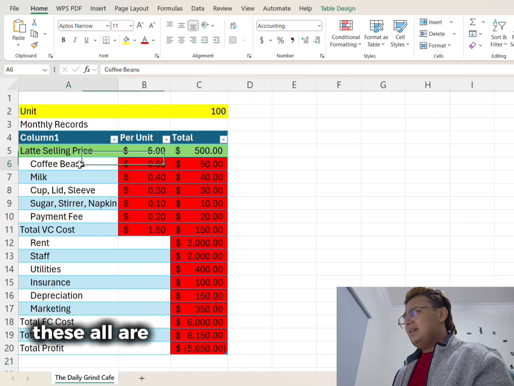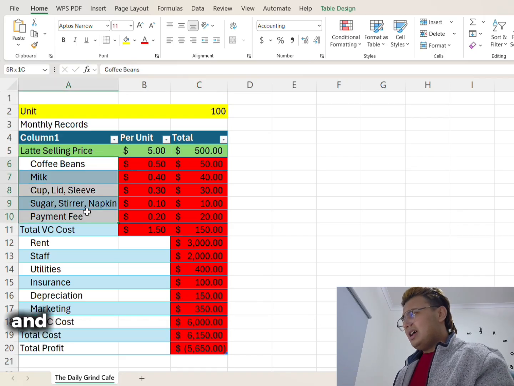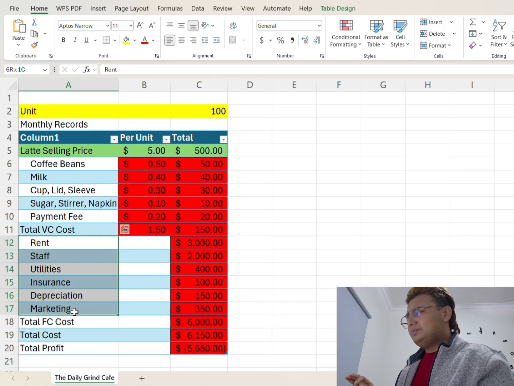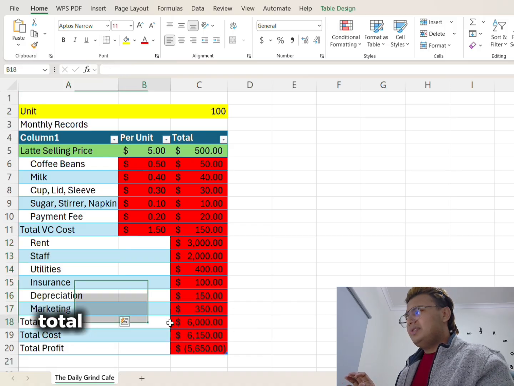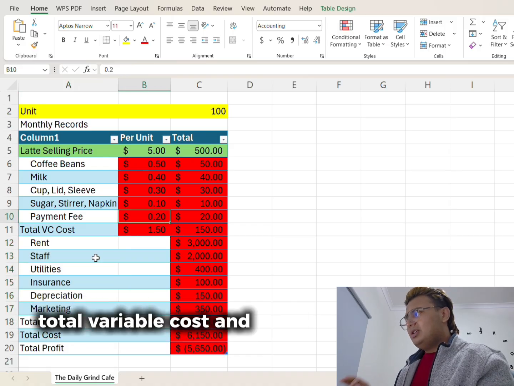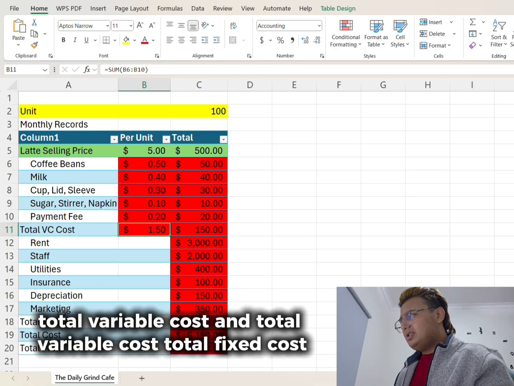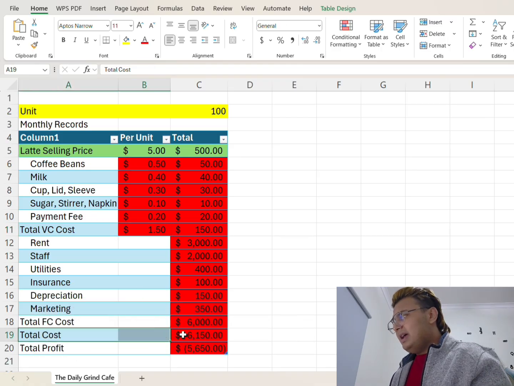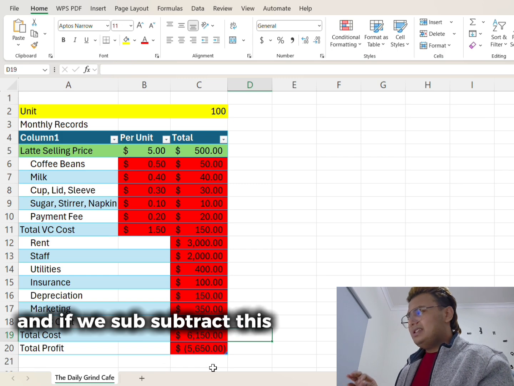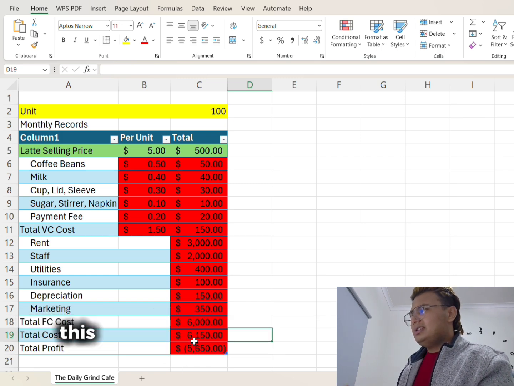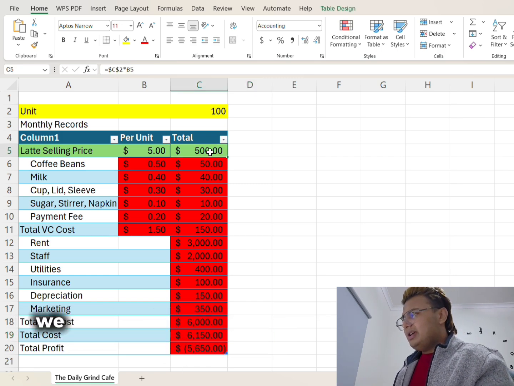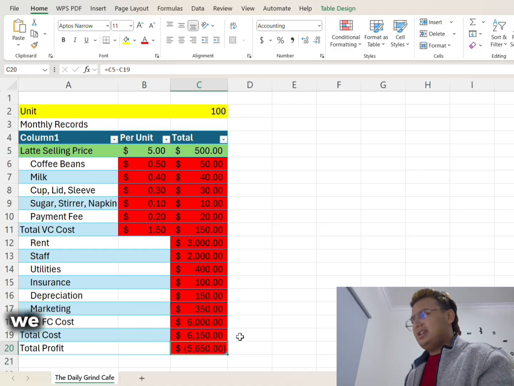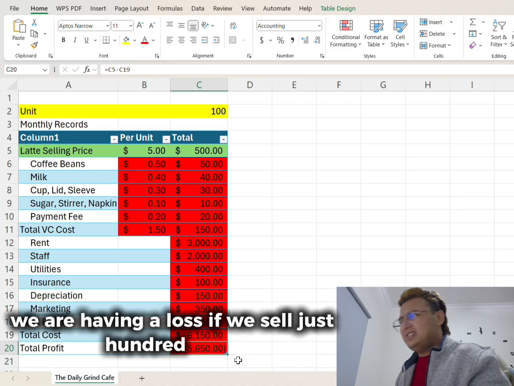These all are our variable costs, and these all are our fixed costs. Here are the total fixed cost, total variable cost, and our total cost. And if we subtract this total cost from our total revenue, we have a loss. Because it's negative, we are having a loss if we sell just 100 lattes.